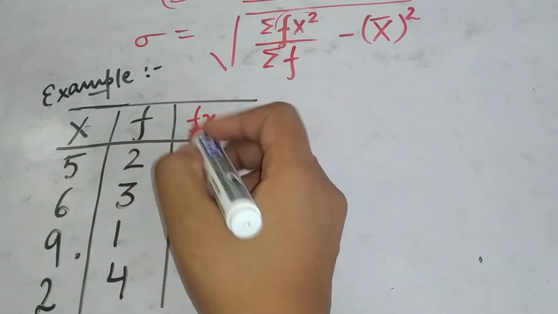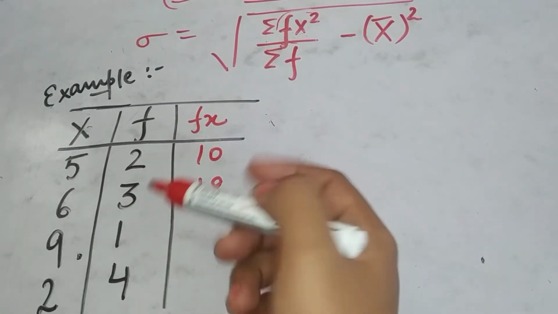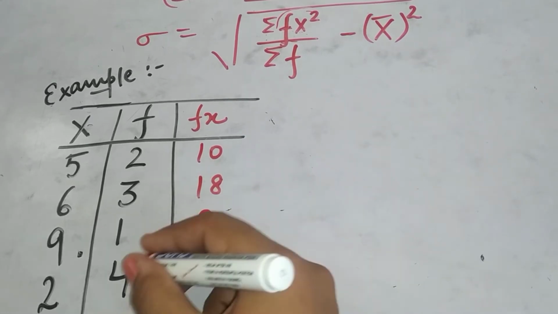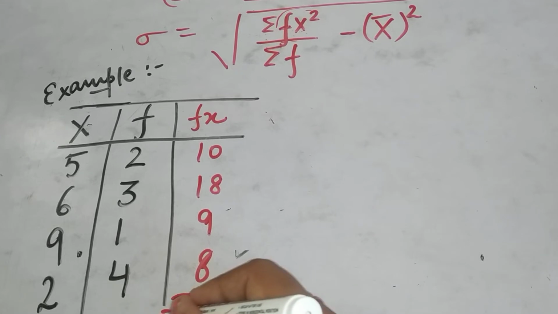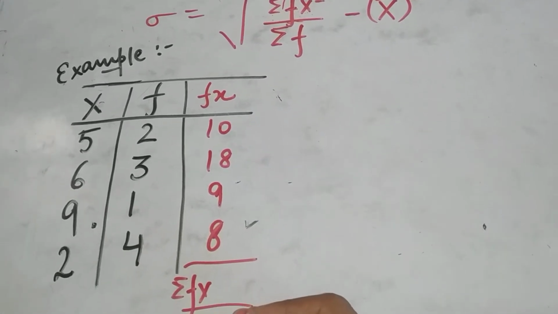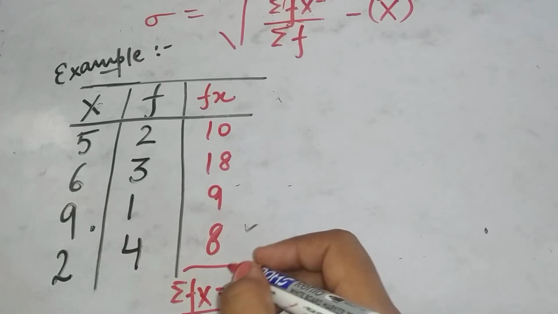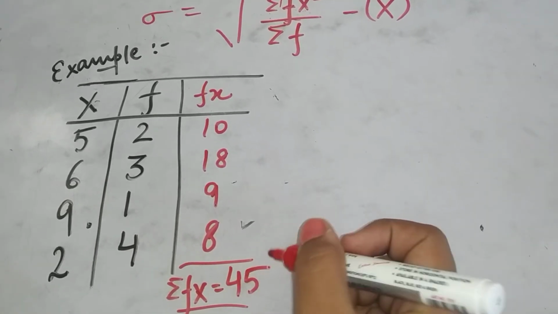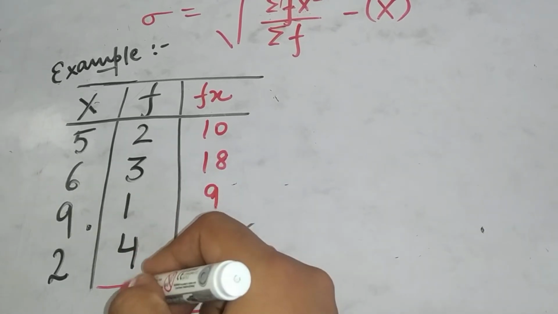Multiply them: 5 2s are 10, 6 3s are 18, 9 1s are 9, 2 4s are 8. Add them, we get the value for summation fx is 45 and summation f will be 10.